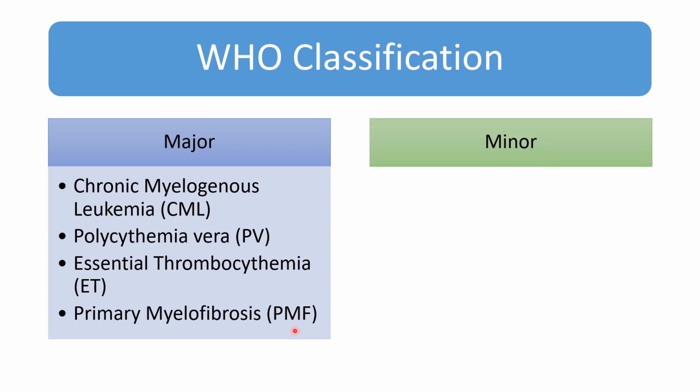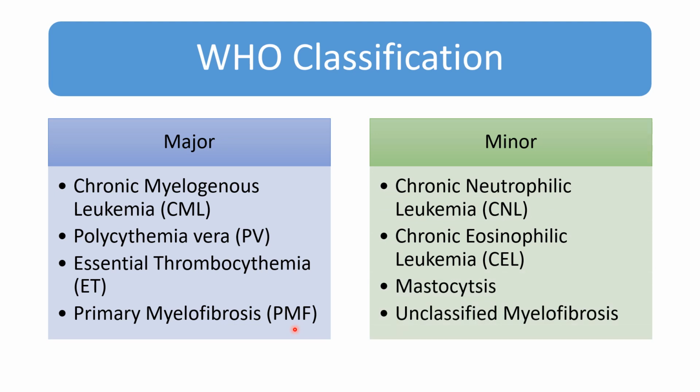Several other less common MPN conditions have also been described and are classified as chronic neutrophilic leukemia or CNL, chronic eosinophilic leukemia or CEL, mastocytosis, and other myeloproliferative disorders that are unclassified. This video will talk about chronic myelogenous leukemia, essential thrombocythemia, and chronic neutrophilic leukemia.